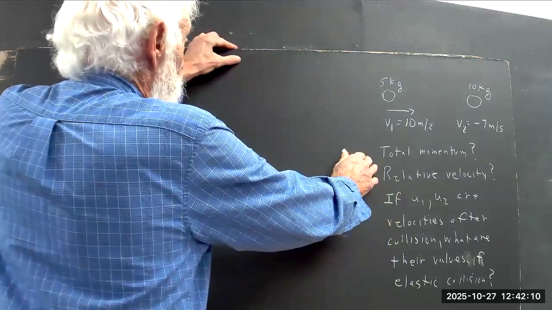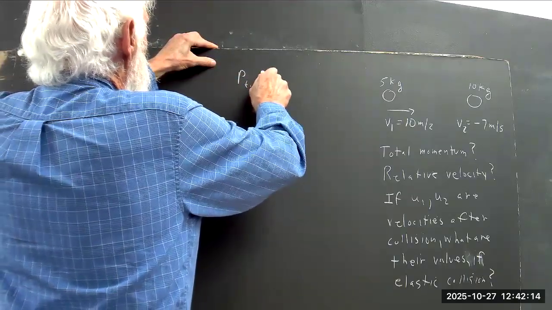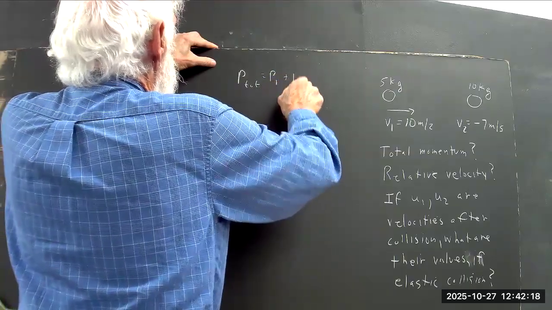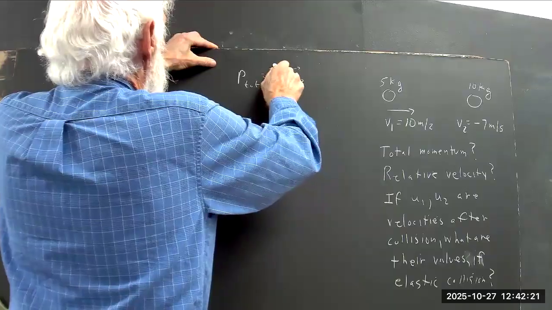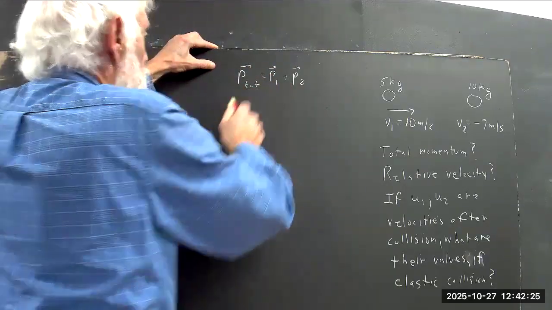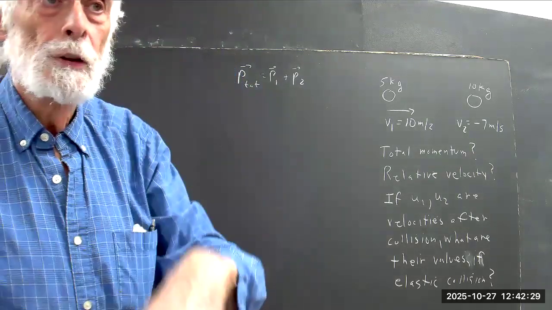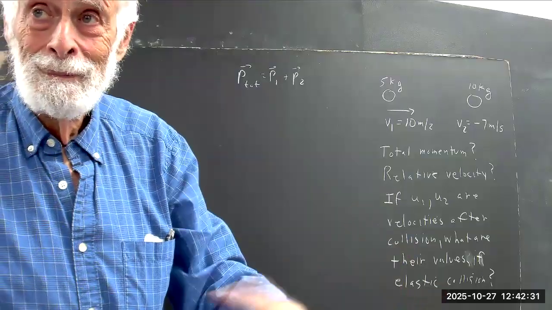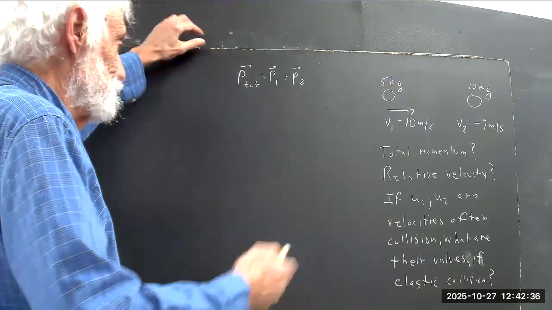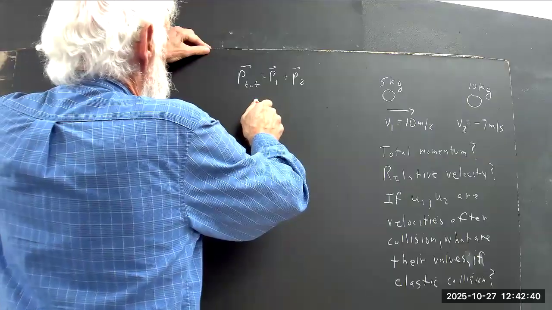Total momentum. These are actually vectors. But since everything's implicitly moving along the same line, we can just use plus and minus signs. We don't need i's and j's. The i could be understood if this is along the x-axis.